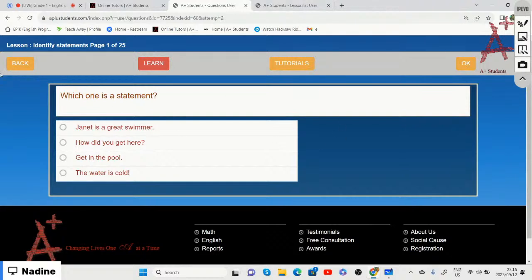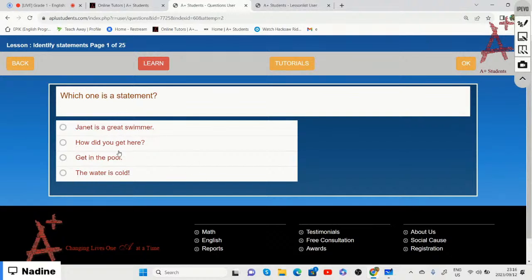All right, so if we look at these four options, which one is a statement? Is it: Janet is a great swimmer? How did you get here? Get in the pool. Or the water is cold.